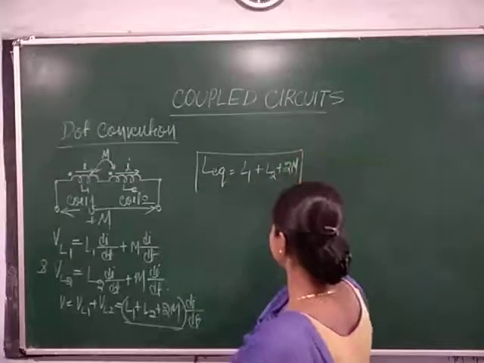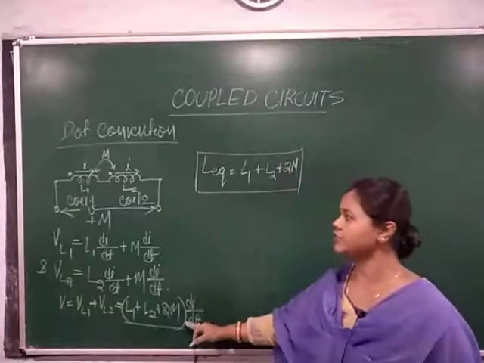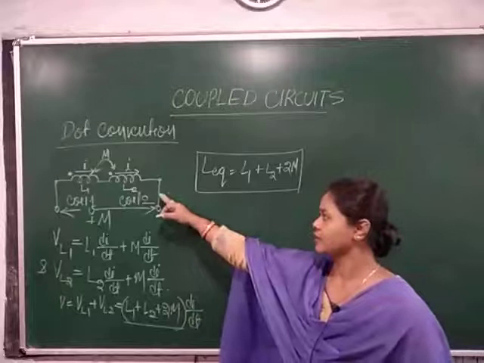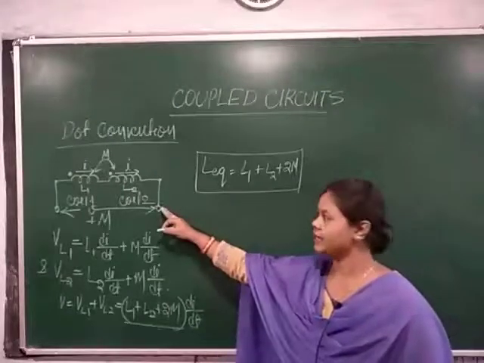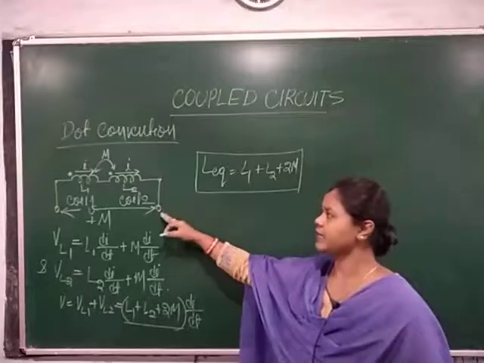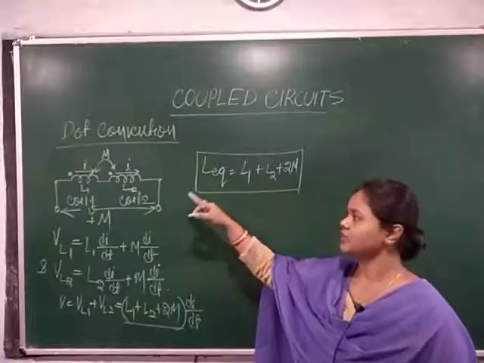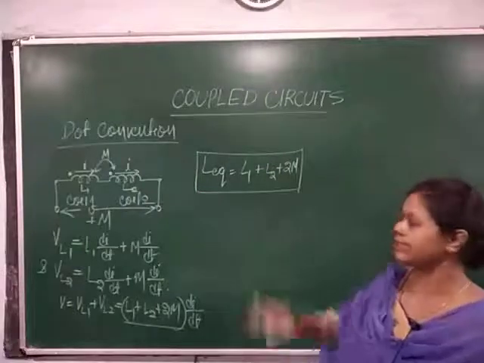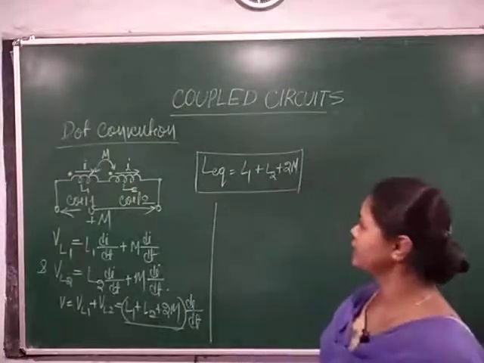So in this discussion, students, we are very clear about what the total voltage of this circuit is and what the total inductance is. In the same diagram, I explain the case where the mutual inductance is negative. Second case, students, see.